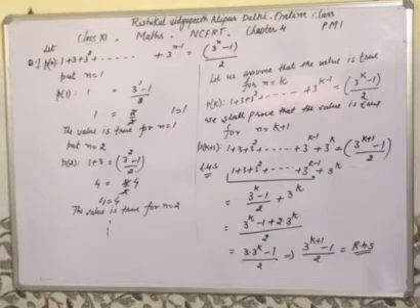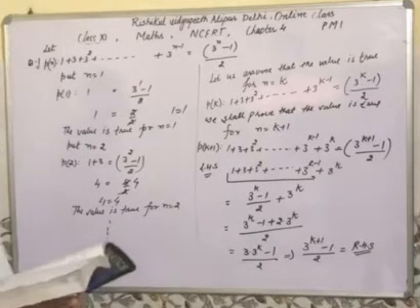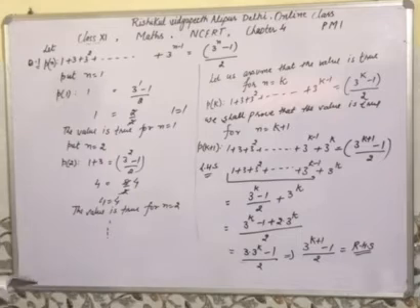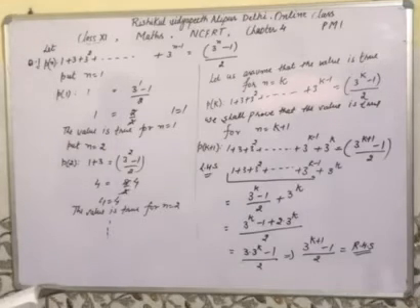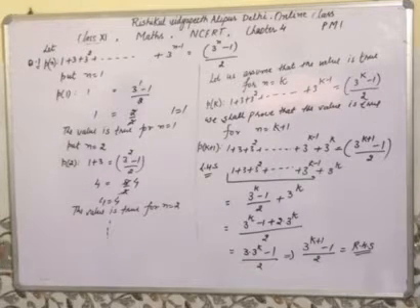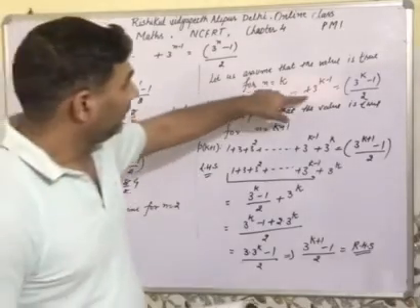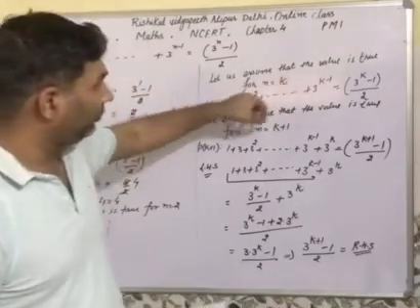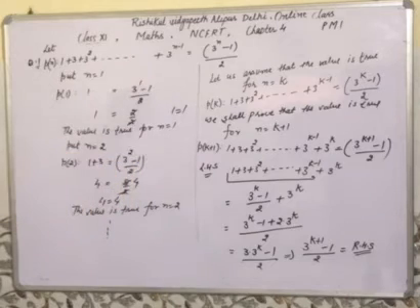Hence by the principle of mathematical induction p of n is true for n belongs to N. लास्ट में ये लाइन हम जरूर लिखेंगे कि therefore p of k plus 1 is also true whenever pk is true. जब pk के लिए वैल्यू ट्रू थी और हमने ये p of k plus 1 के लिए भी ट्रू कर दी, then by the principle of mathematical induction p of n is true for all n belongs to N. Next question.